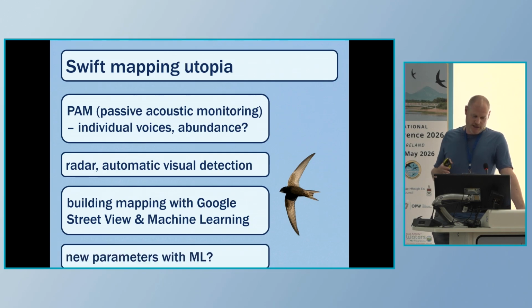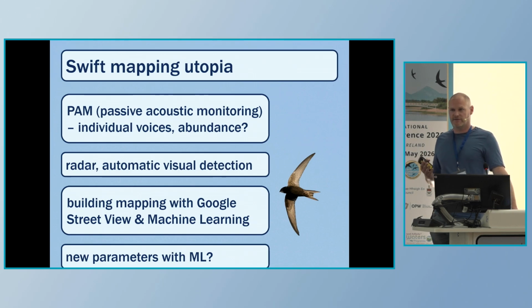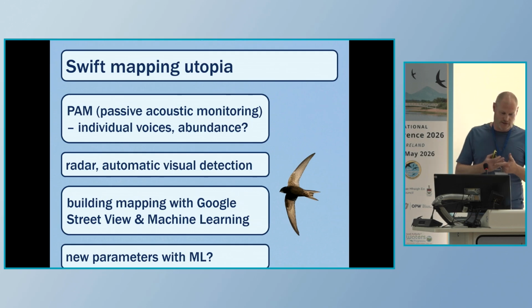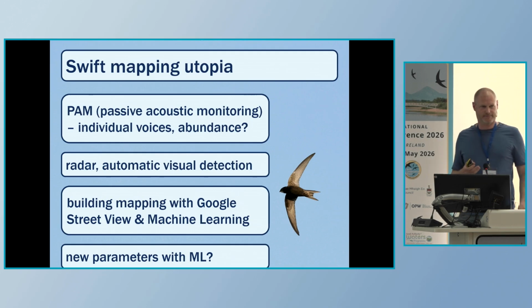And also with machine learning, maybe there are new parameters that we don't know already. There's a study in Poland. They examined the traffic noise and some other parameters.